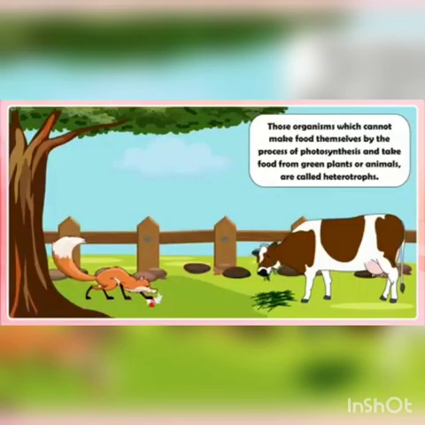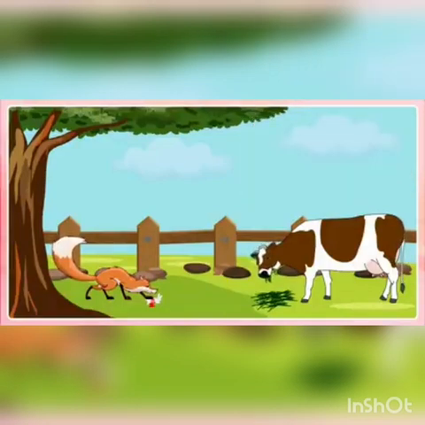Those organisms which cannot make food themselves by the process of photosynthesis and take food from green plants or animals are called heterotrophs, and their mode of nutrition is called heterotrophic. All the non-green plants and animals, including human beings, are heterotrophs.